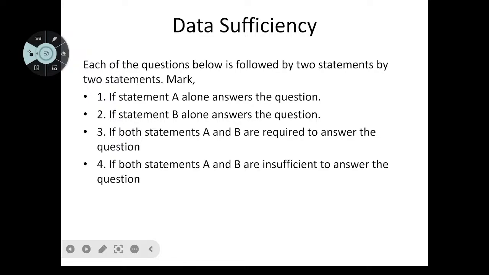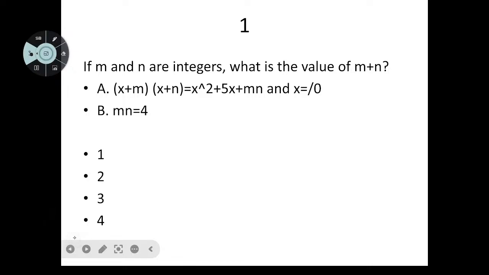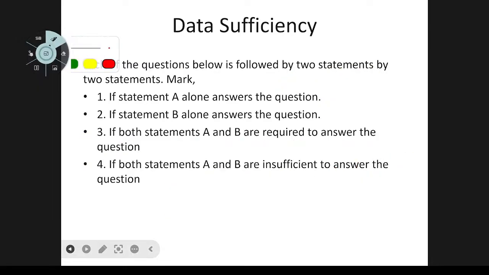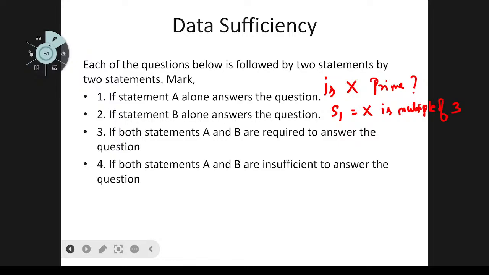Okay, sometimes they are asking, is x prime? If this is the question, let's say, there are 2 statements given. Statement 1 says that x is a multiple of 3.